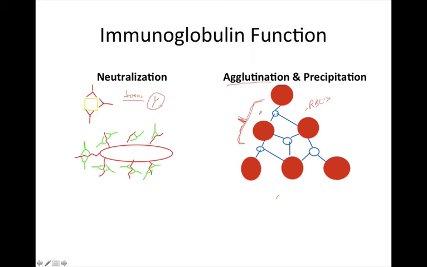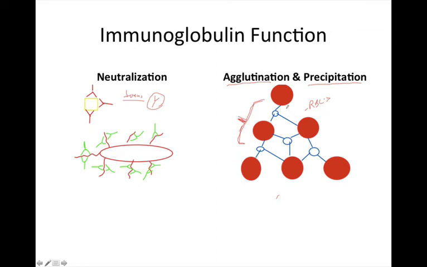And then precipitation: if we clump a bunch of cells or molecules together, that essentially is going to weigh them down. That's like the equivalent of going all mafia style and tying a cinder block to somebody's feet and throwing them into a lake, and they're weighed down and sink to the bottom.